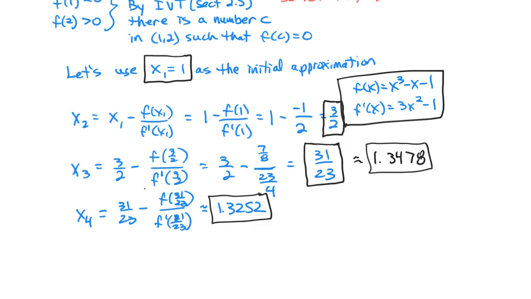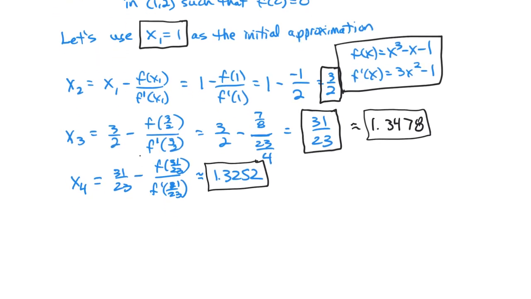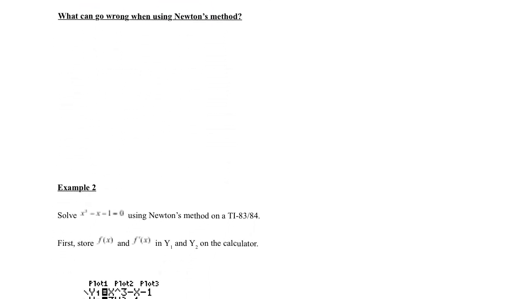But before that, let's see what could go wrong. What can go wrong using Newton's method? Well, a couple of things could happen. Let's say f prime of x sub 1 equals 0. Think of what we were doing here. Here's our initial guess, and the derivative at that point was not 0, so it slanted down to get x sub 2.